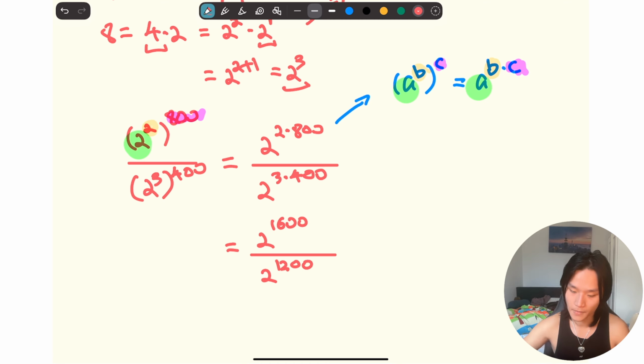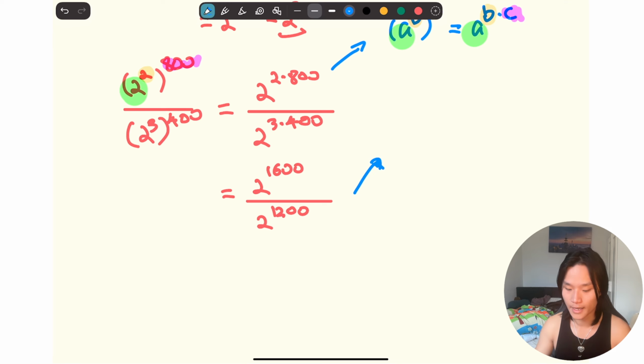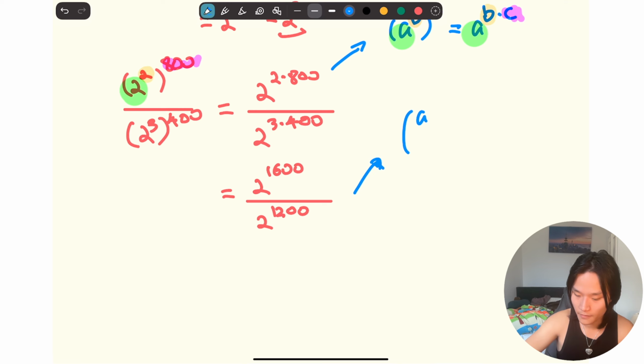So now there's another rule I hope you remember from high school. That is, when you divide powers, you subtract them, okay? So in general, for x raised to the power of a divided by x raised to the power of b, that is the same as x, and the power is just a minus b.